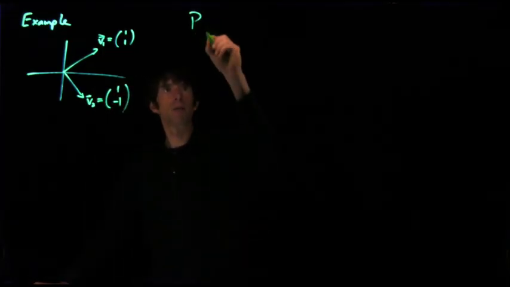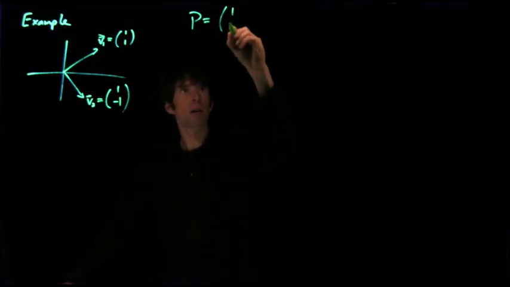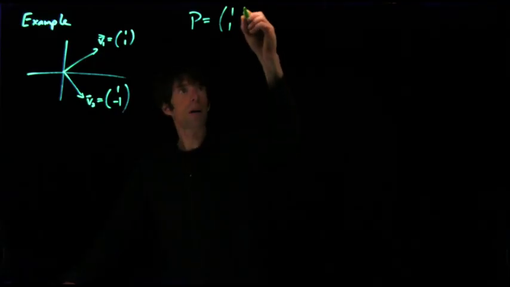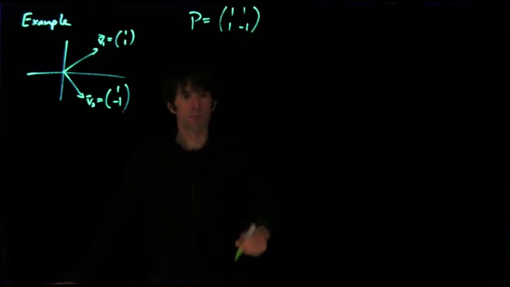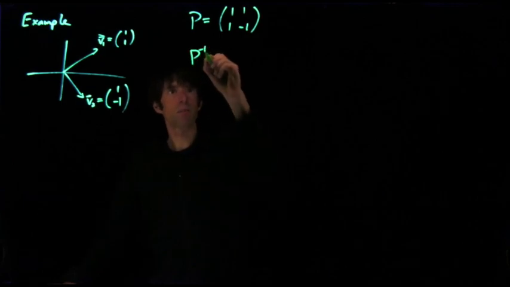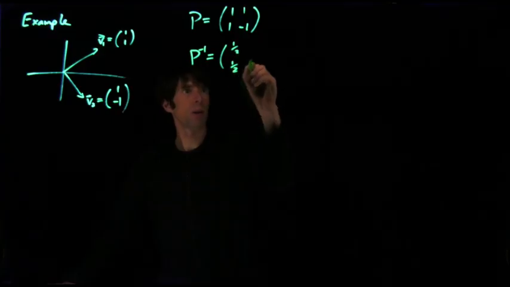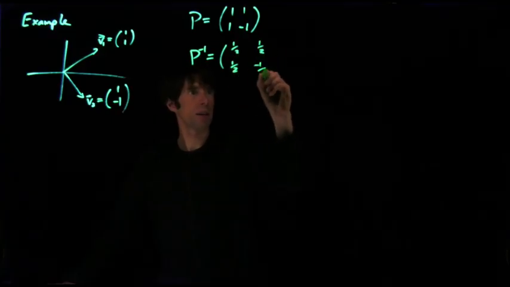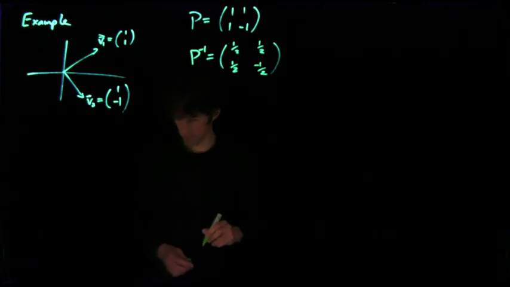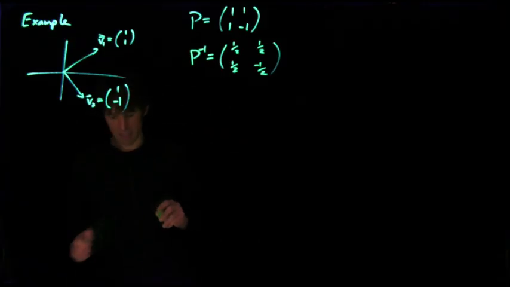So our matrix P here was the matrix [[1, 1], [1, -1]], and our matrix P inverse, the inverse of this, was [[1/2, 1/2], [1/2, -1/2]]. OK, so this is the setup.